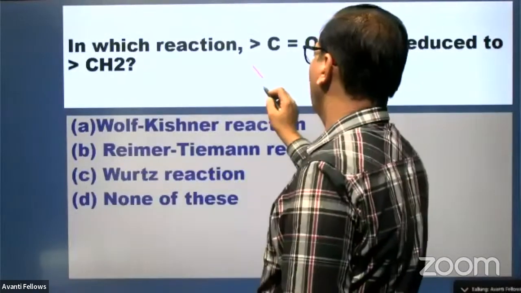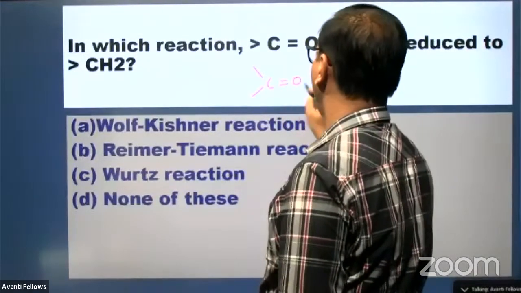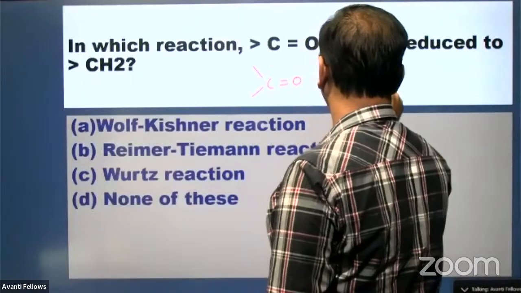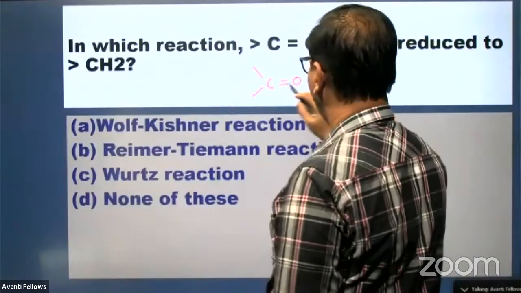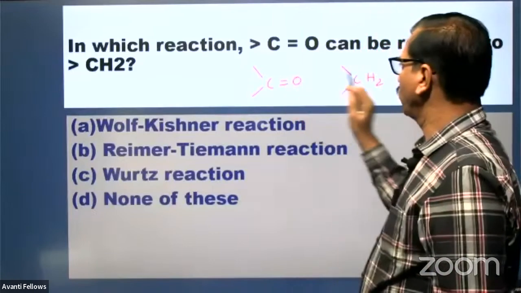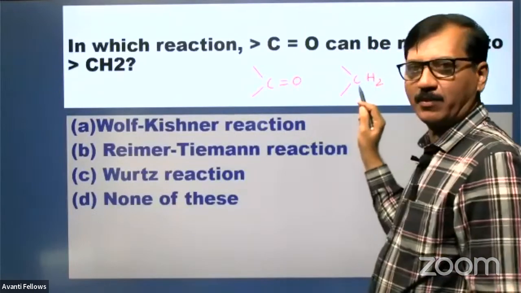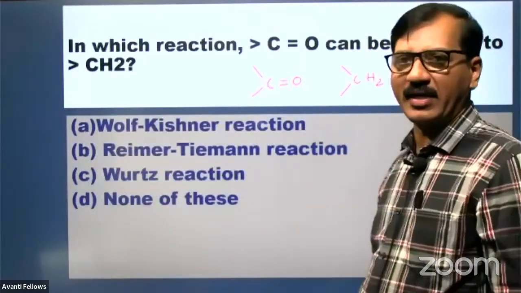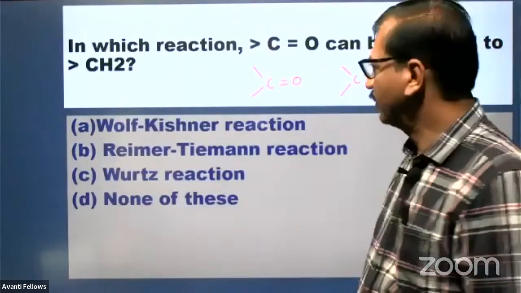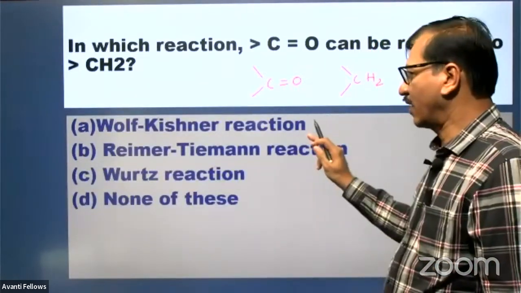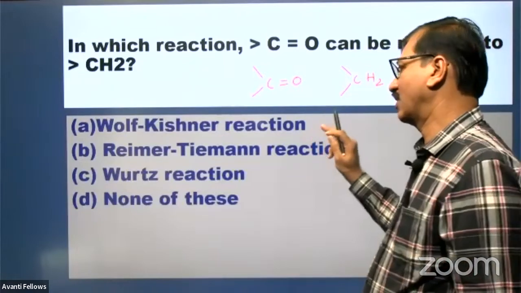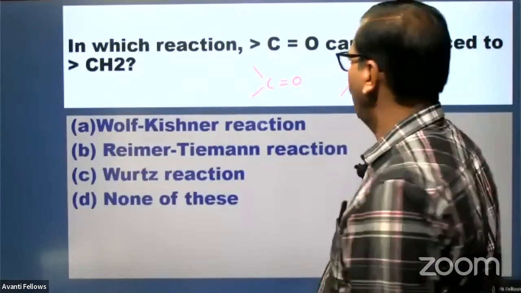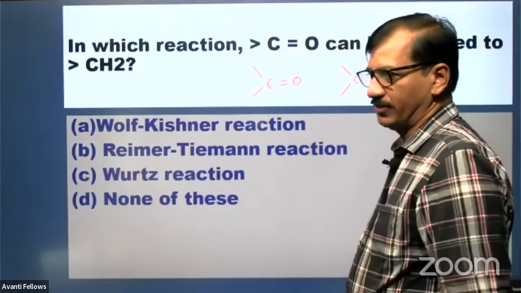This is C double bond O to CH2, that means aldehydes or ketones to hydrocarbons. There are 2 named reactions which do the same thing: either Wolff-Kishner reduction or Clemmensen reduction.